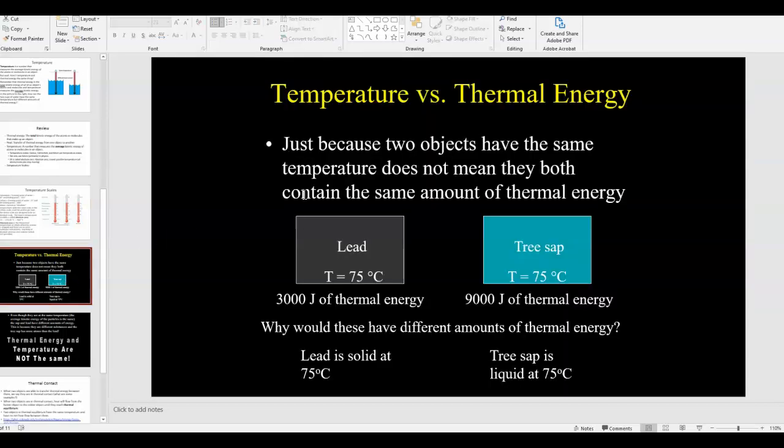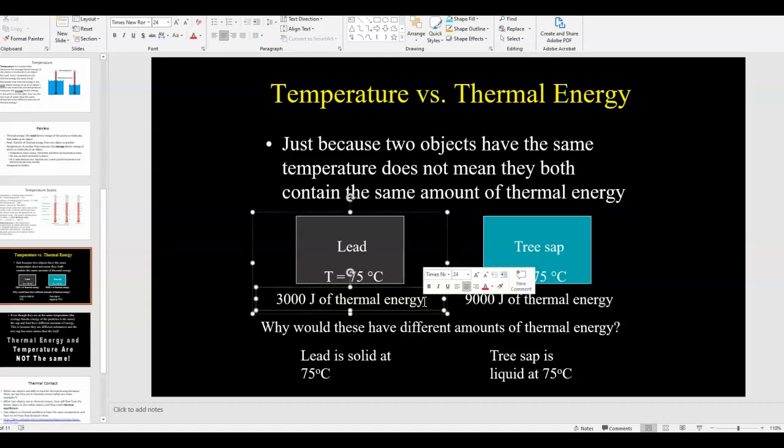Let's see, we talked about temperature and thermal energy already, so this is not new. Just because two objects have the same temperature doesn't mean they both contain the same amount of thermal energy. So for example, if we have a piece of lead and a piece of tree sap, they have the same temperature. All that means is that those atoms have the same average kinetic energy. But it's possible that the tree sap has more thermal energy in it than the lead.